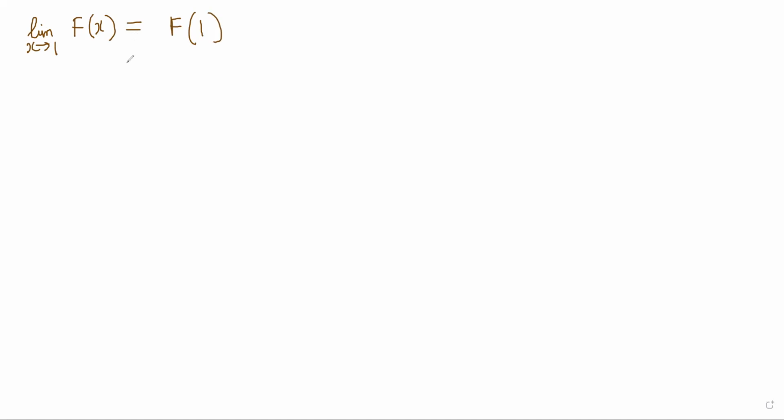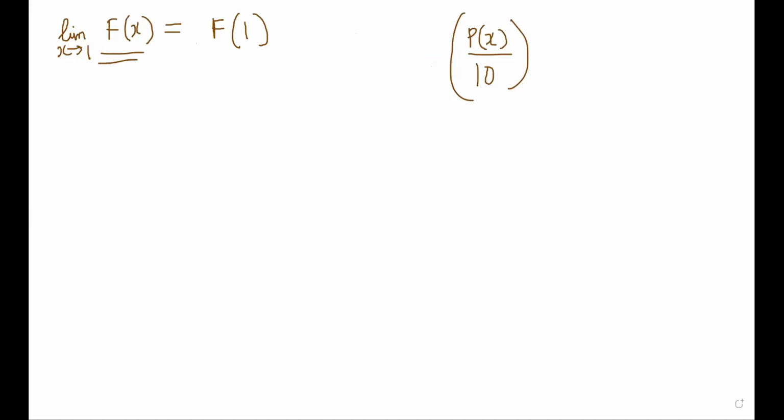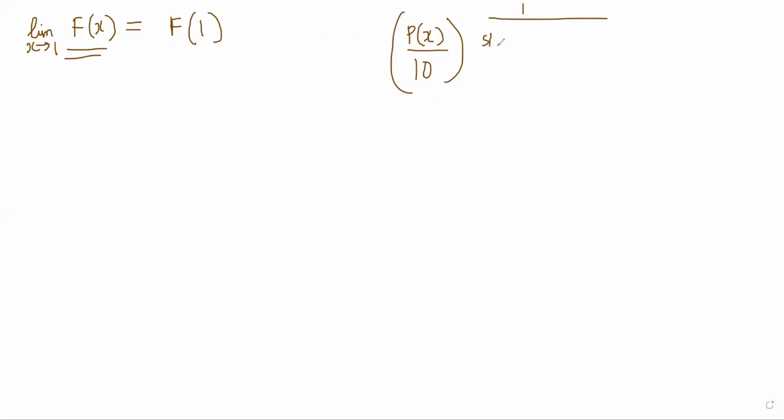So let's try to find out this limit then. So we have f of x tends to (p of x by 10) to the power 1 by sine of 3 times sine of 4x minus 4, right?